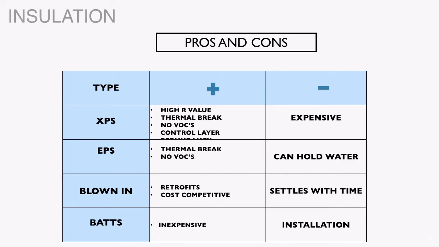It can be expensive, both for the material and for the labor if it's not already part of your construction process, and if you don't have a labor force that is familiar with this method of installation. But it's not that complicated. It's just a new piece of the process.